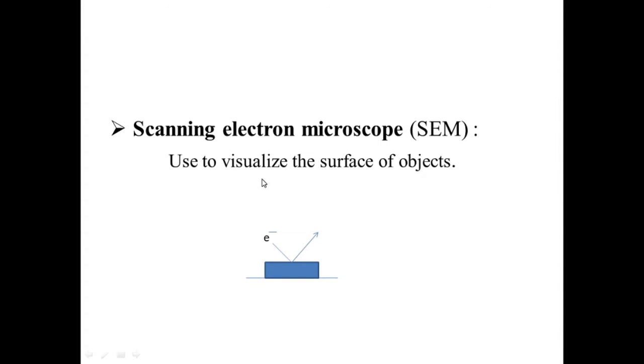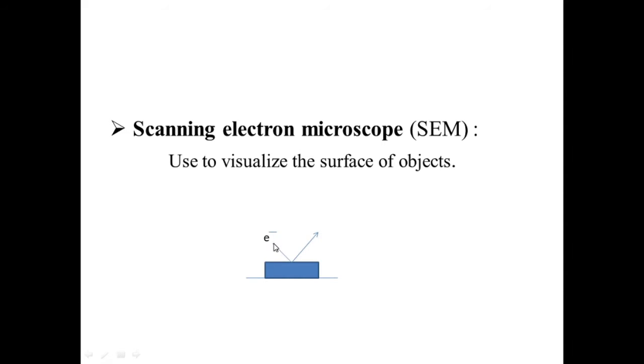So, SEM is used to visualize the surface of objects. In case of SEM, we use the particle nature of the electron.